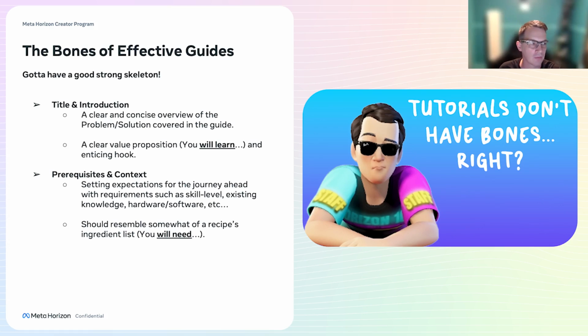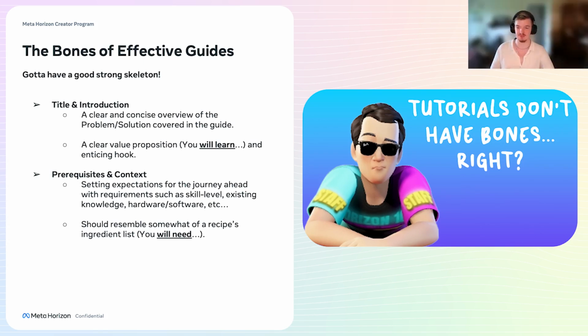Instead of something like "You will need the Horizon Worlds editor," you might say, "Before you begin, please ensure you have the Horizon Worlds desktop editor, basic knowledge of adding objects to the world, and maybe a simple button public asset from the asset library," depending on the context of your documentation.